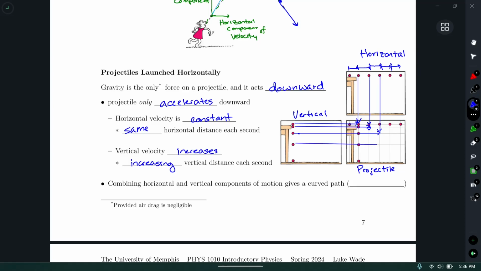After another little bit, it will have fallen down even more. That distance is getting larger, but the horizontal distance it's covering is not changing. And then one last little bit later, it will have fallen even farther, but it will be even farther over to the right as well. So by combining those pretty simple horizontal and vertical motions, we get the real motion of the ball. We see that it follows the arc we'd expect.